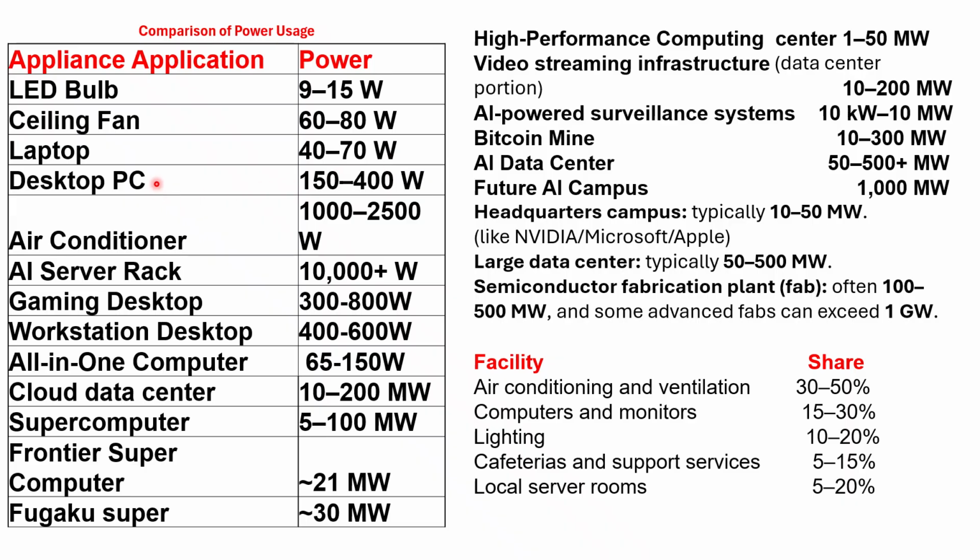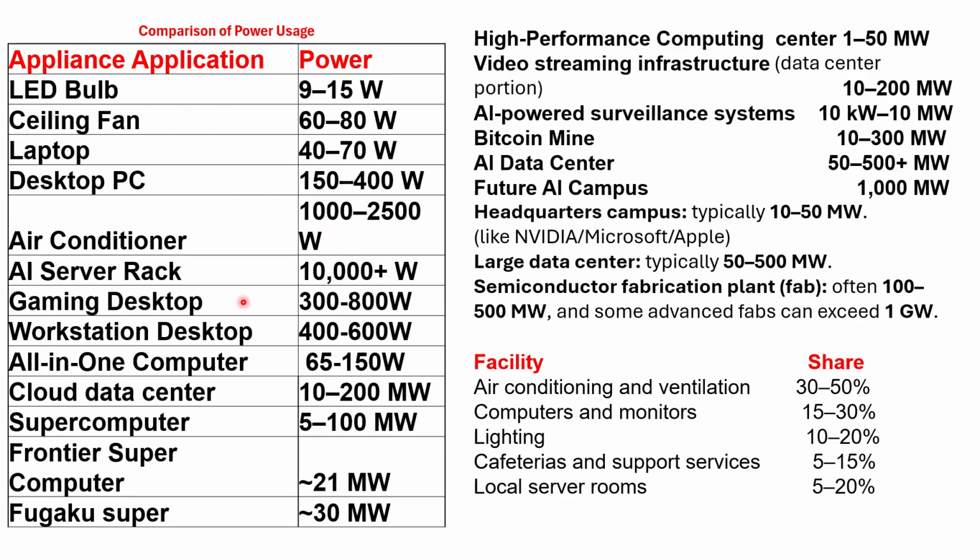A desktop PC normally requires 150 to 400 watt. You have to have an air conditioner if the data center is in a small room, and the air conditioner may take 1000 to 2500 watt. Each AI server rack requires 10,000 plus watt, that means 10 kilowatt.